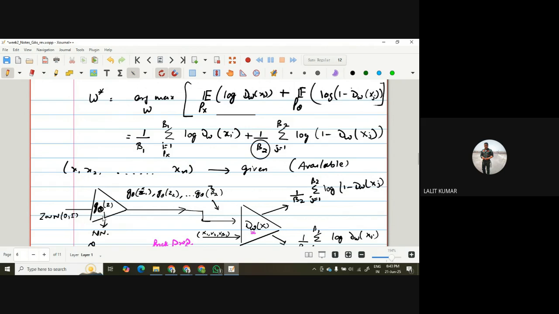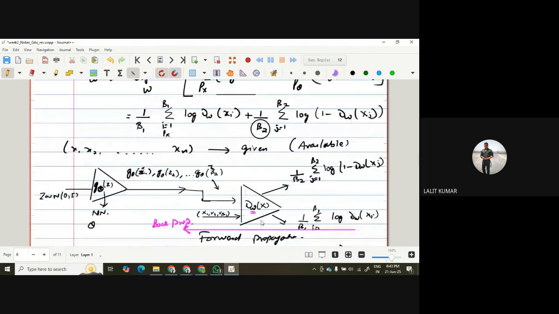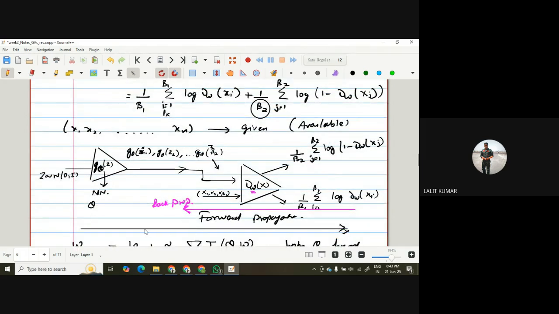We keep theta fixed and we get output B2 points. Then we pass it to the discriminator, and we are also passing the data points, B1 data points. So we get this part here, the second part here, and this is the forward prop. And for the back prop, we just pass it through the discriminator only, and we update the w.